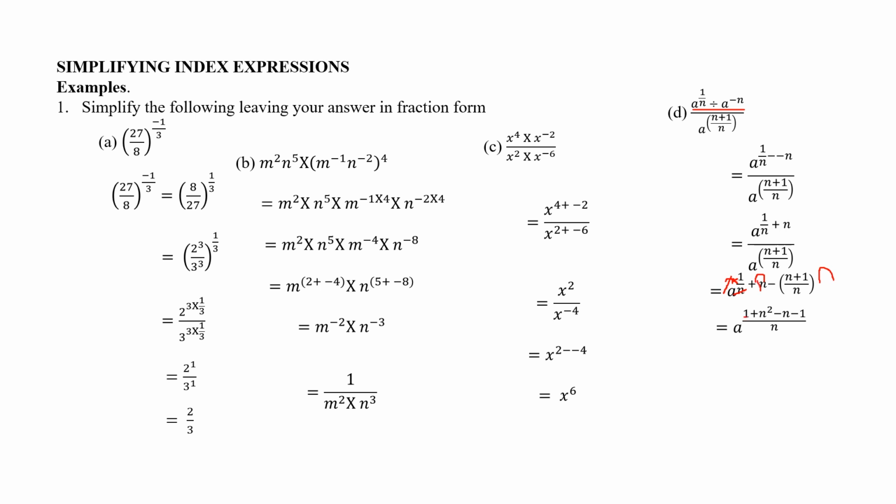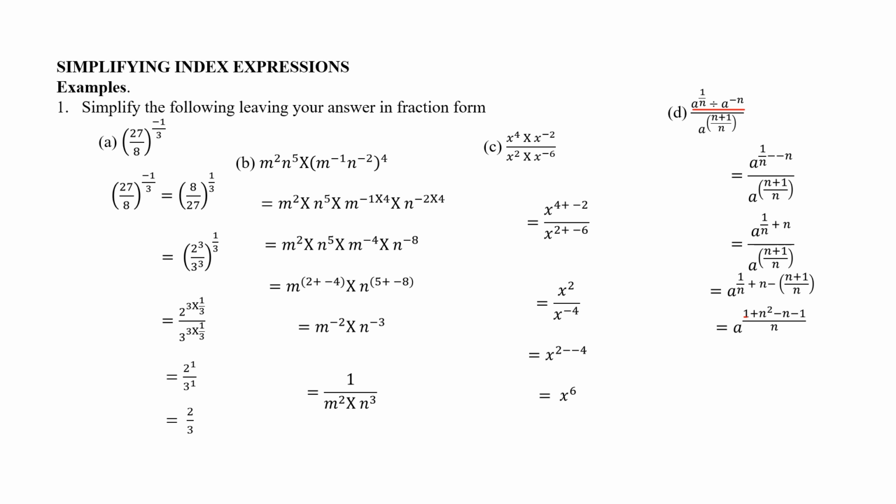The n here times that n, we are having n squared, which is right there. Then the n here is going to cancel out with that n to have the numerator there, which is n plus 1. But in this case, we open the bracket right away, so the positives are going to become negatives.